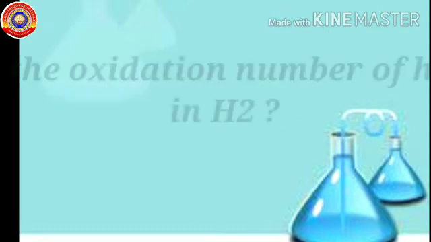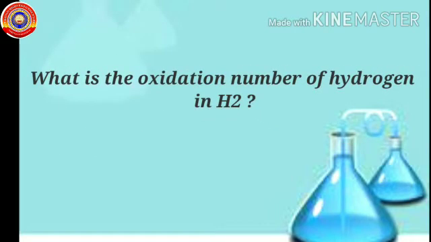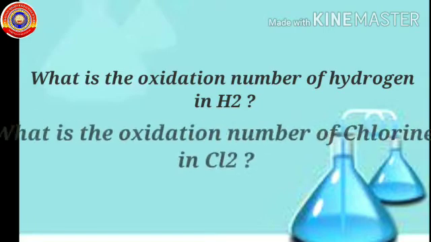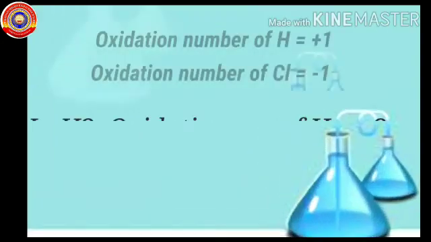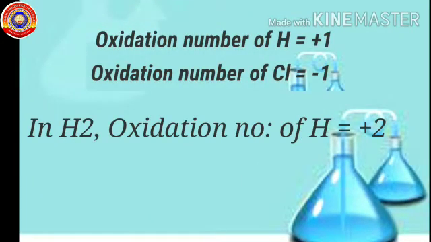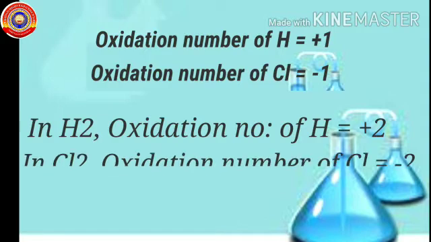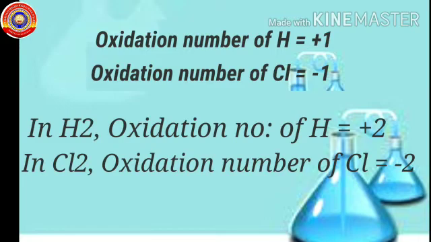If so, what is the oxidation number of hydrogen in H2? What about the oxidation number of chlorine in Cl2? In H2, the oxidation number of H is 0 and in Cl2, the oxidation number of Cl is 0.